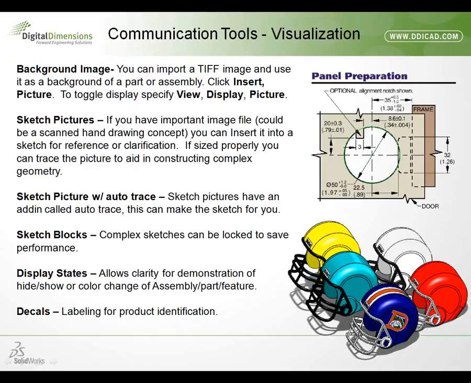In order to use the auto trace function, you do need to add it in. It's found under the Tools add-ins. It's called auto trace. Keep in mind that when you do this, SOLIDWORKS is going to create splines to try to match the profile outline. If you're going to want lines and arcs, then you'll need to manually trace it yourself.